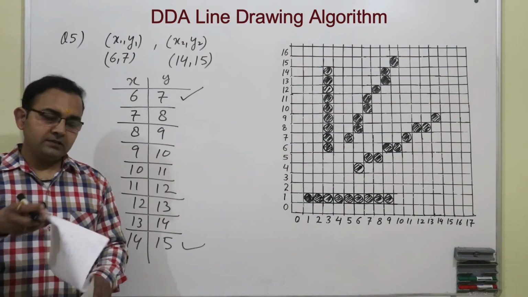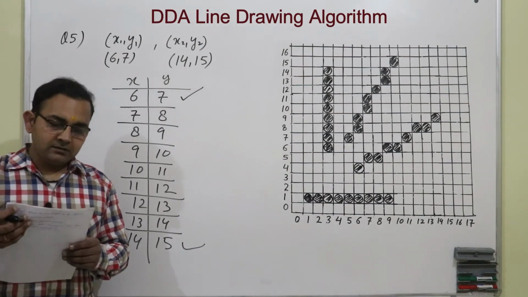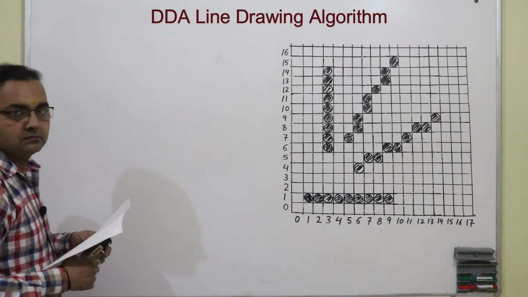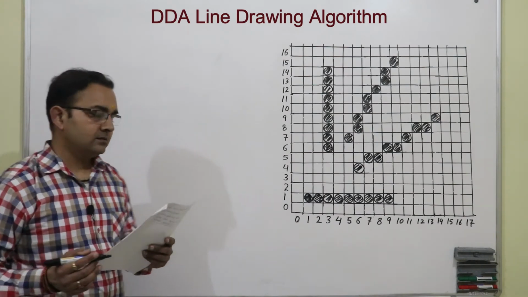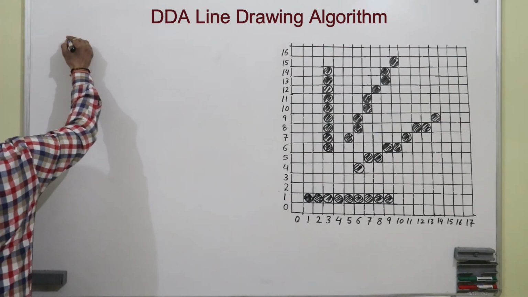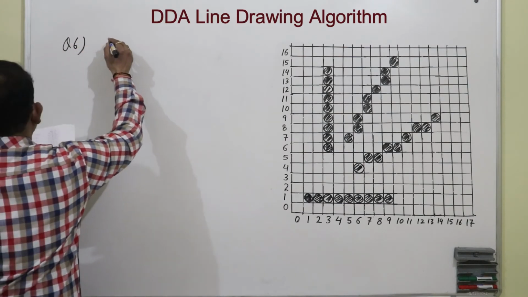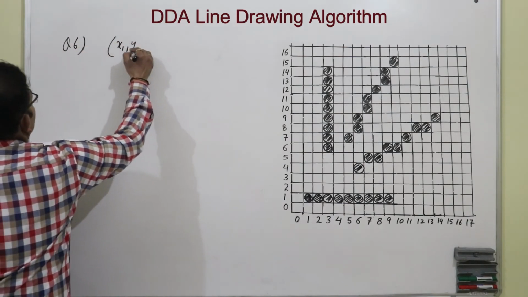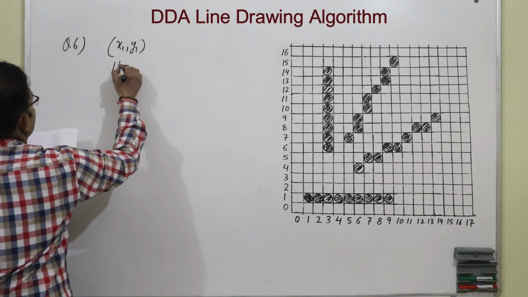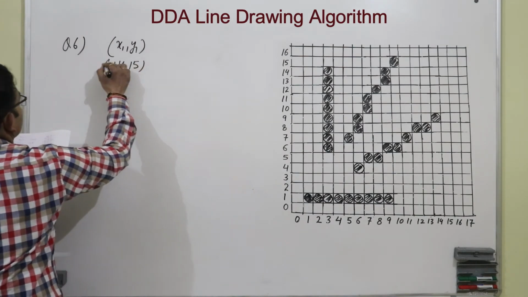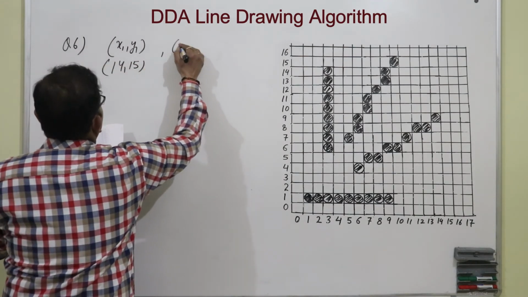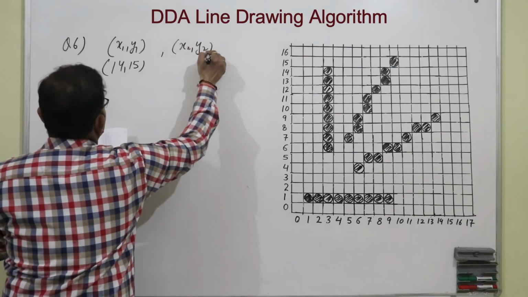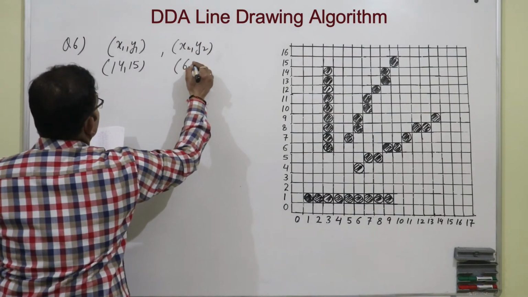After this, we will do one more numerical. Question 6. x1, y1 are 14, 15 and x2, y2 are 6, 7.